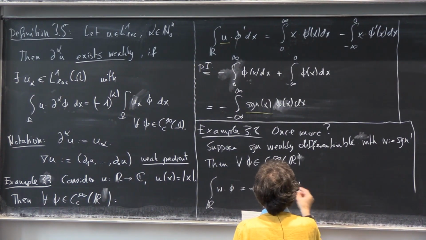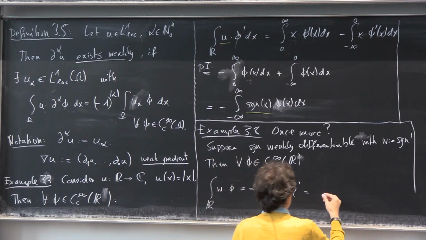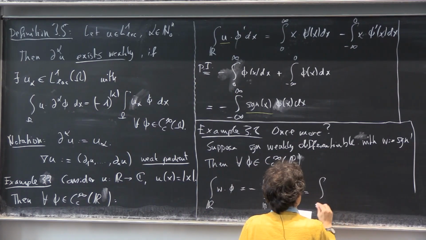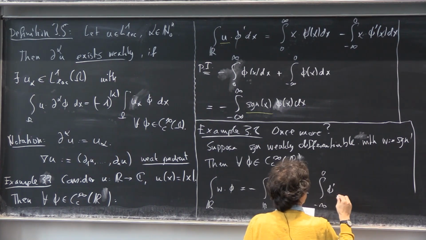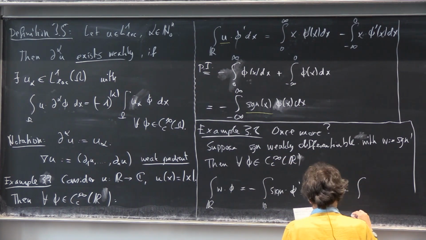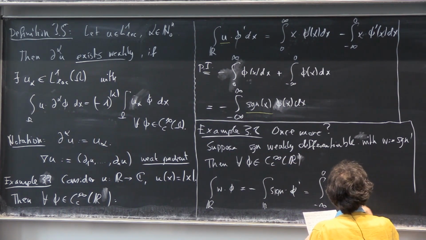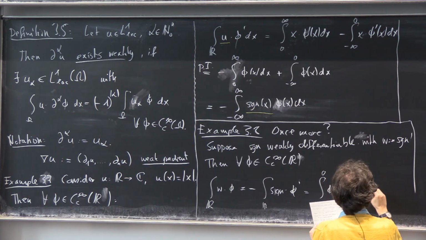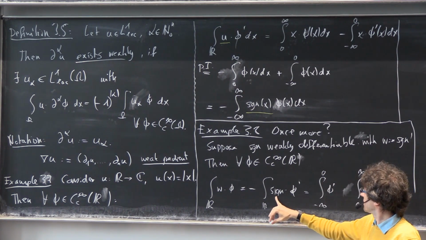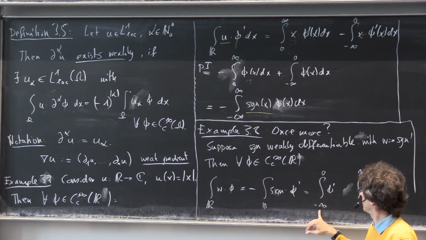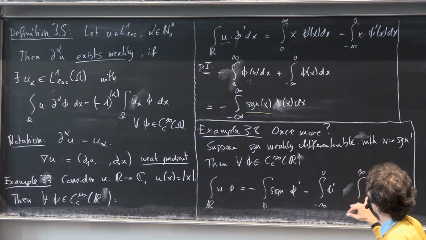Okay, so we can expand this using the sine function. So this is the integral from -infinity to infinity of phi prime, plus the integral, or minus the integral of 0 to infinity of phi prime. This is just putting in what sine is. So it's -1 on the negative, so cancelling this minus, it's +1 here.